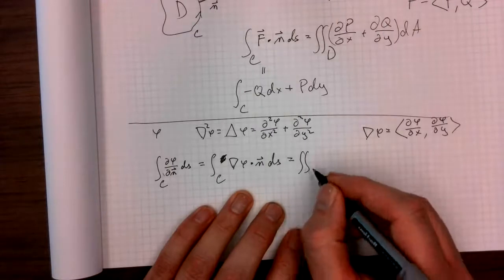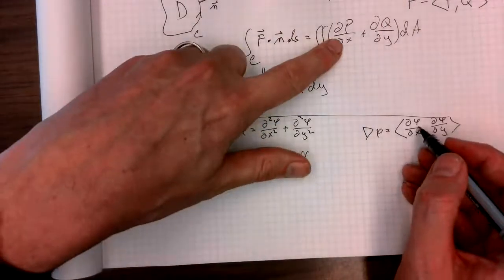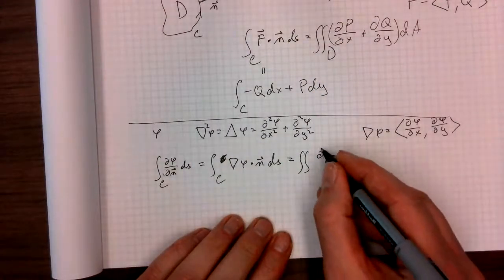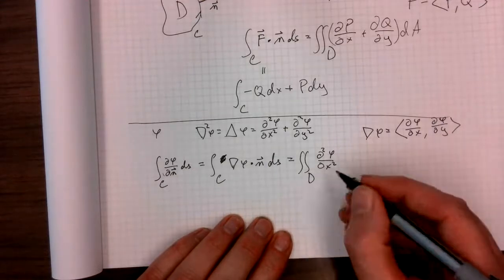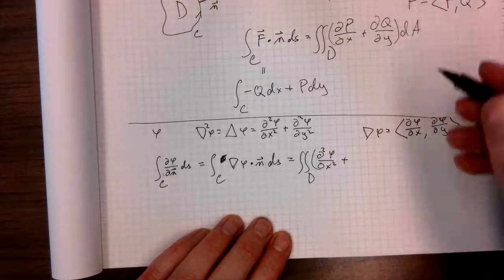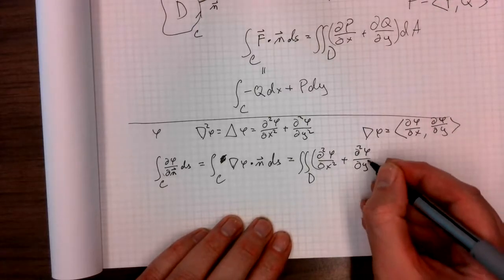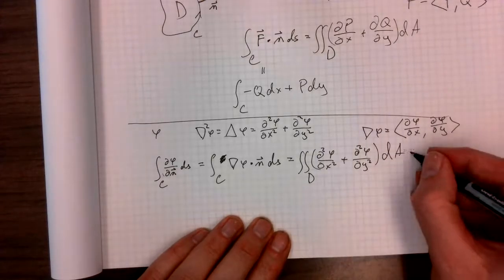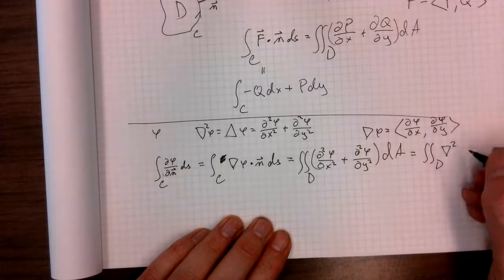So I will take the x derivative and apply the x derivative again, so I will have the second derivative in terms of x, and I will add to it the y derivative, taking the y derivative again, so the second y derivative. Well, this is just the Laplacian of phi.